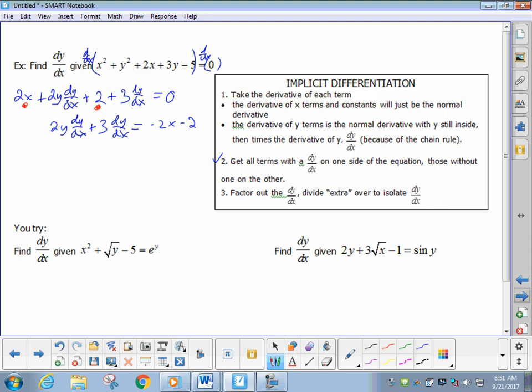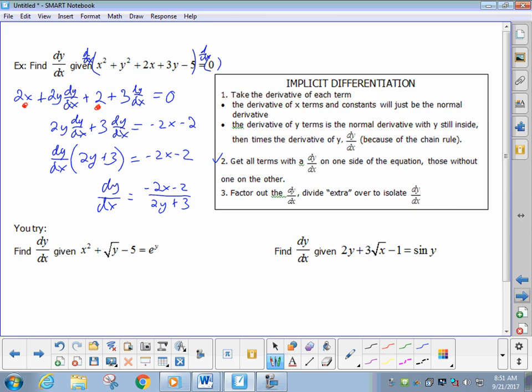The idea being that once I get dy/dx all on one side, I can factor out a dy/dx because they all have a common dy/dx, and divide over it. So dy/dx then is, at the end, negative 2x minus 2 over 2y plus 3.